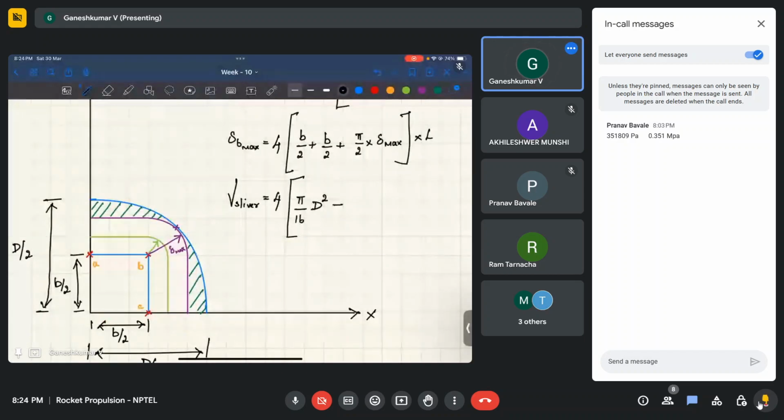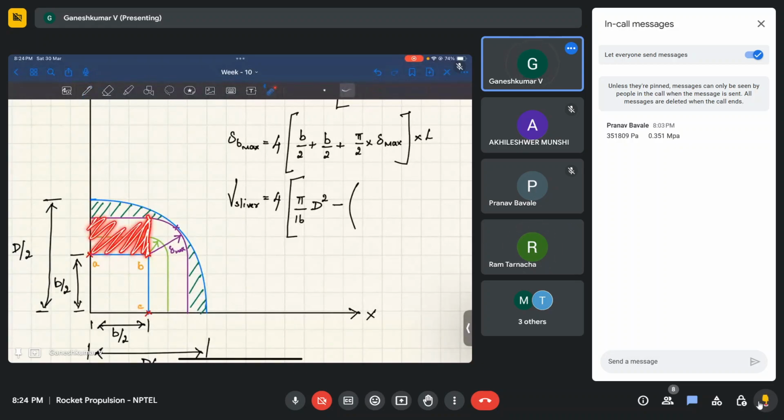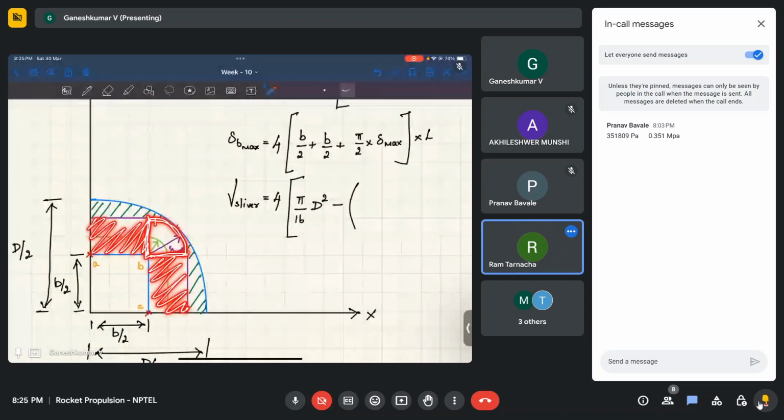Similarly, we can take this as a separate box, this as a separate box, and then this as a quadrant, again the area of the circle divided by 4. So this is going to be b by 2, and how much it has regressed is delta max.